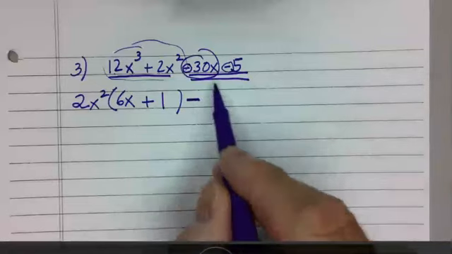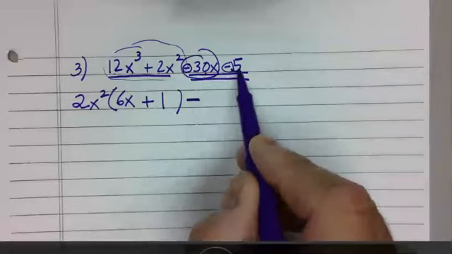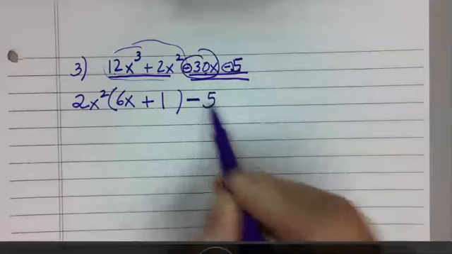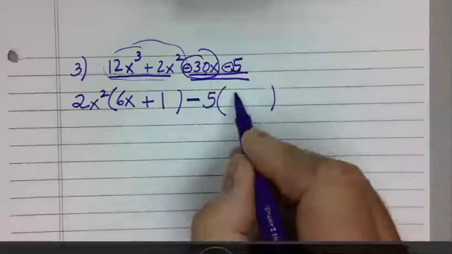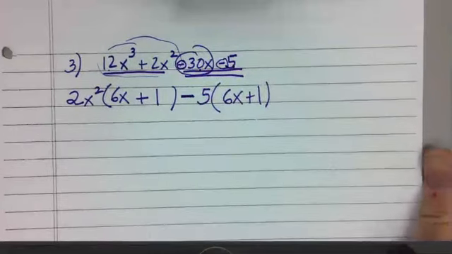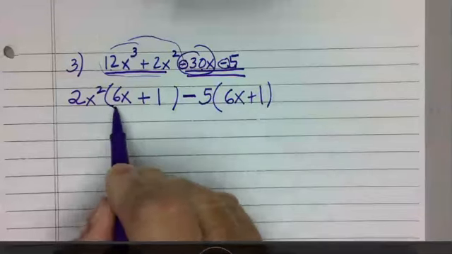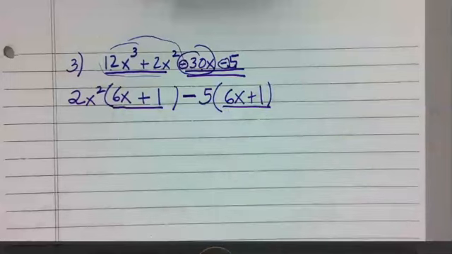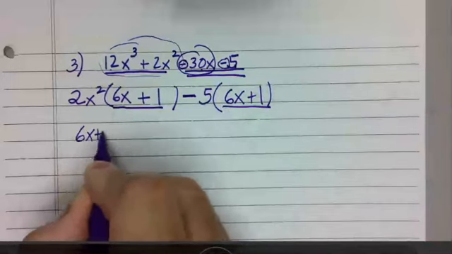Okay, so what's the GCF between 30x and 5? 5. Agreed? And then that ends up giving me 6x plus 1. Okay, so now what's common? 6x plus 1, right?